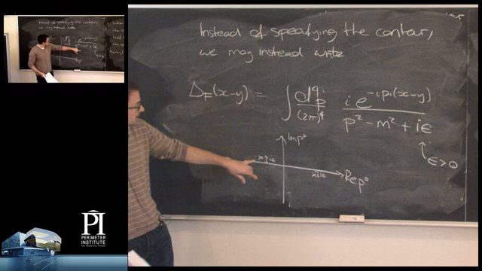So why do we do that? Well, now the poles are when p0 squared is equal to p squared plus m squared minus i epsilon. So figure out where the poles are, and they're slightly off the axis by an amount that's roughly proportional to i epsilon.